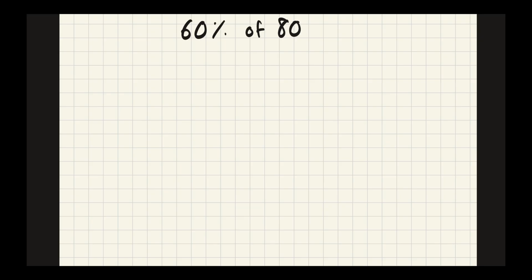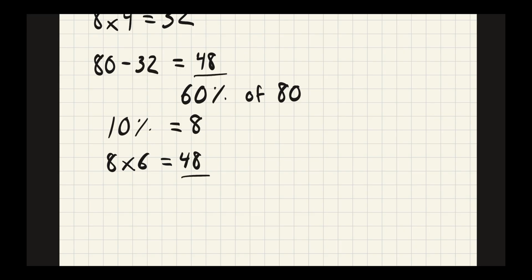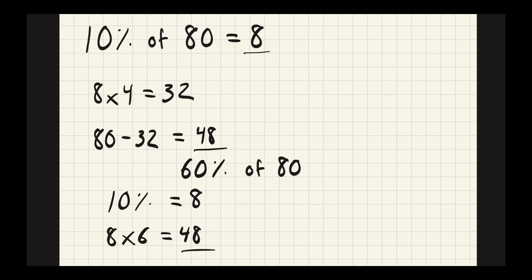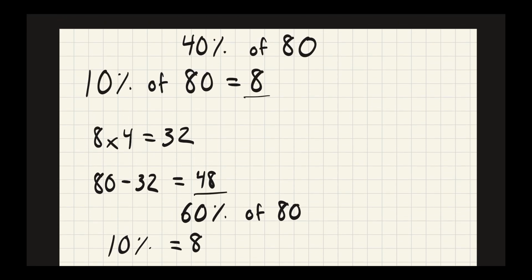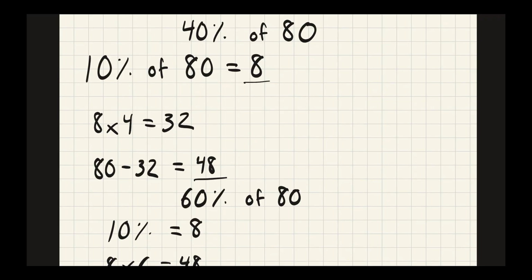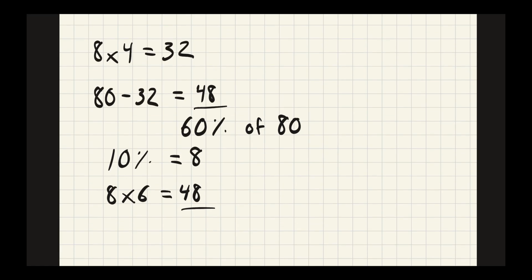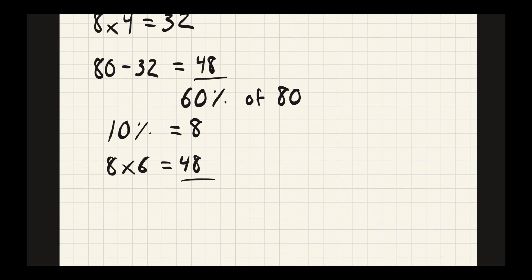And once again, we follow the same steps. 10% equals 8. 8 times 6 equals 48. And what do you know? We got the same answer. So if you see a sweater that's 40% off, that's usually $80, it's now going to be $48.